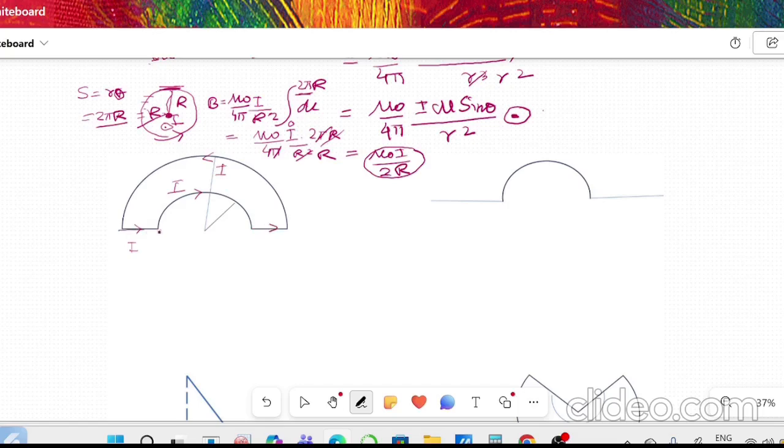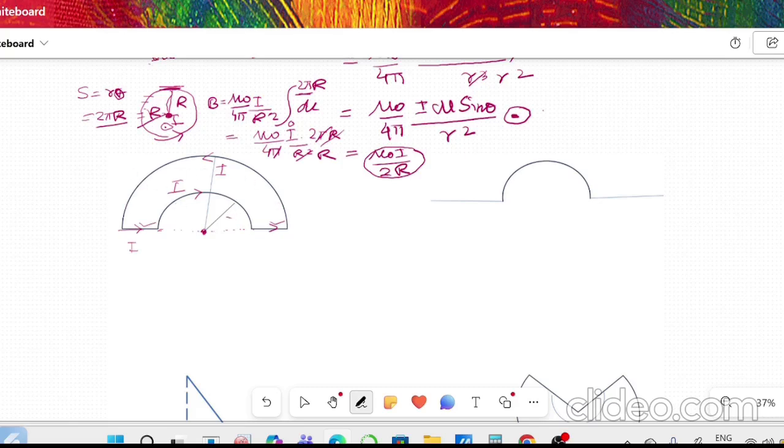Now, these two sections are directly on this point, so they will not create any magnetic field.